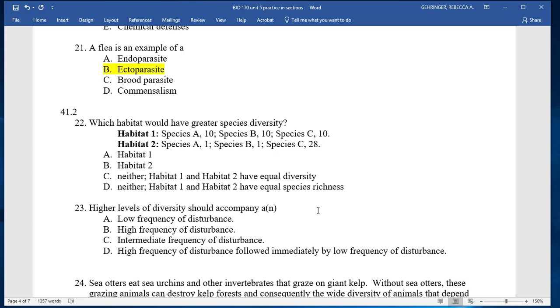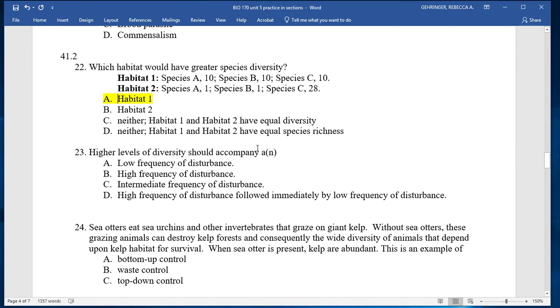Habitat 1 would have greater species diversity because diversity is species richness and distribution. 23, higher levels of diversity should accompany A, a low frequency of disturbance, B, a high frequency of disturbance, C, an intermediate frequency of disturbance, or D, high frequency of disturbance followed by low frequency. It's C, that intermediate frequency of disturbance, so the intermediate disturbance hypothesis.